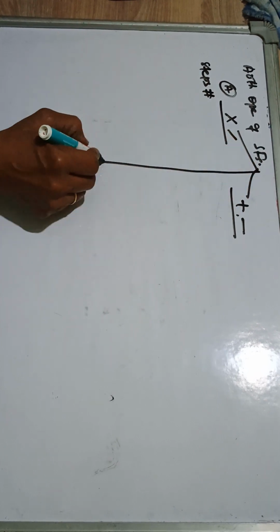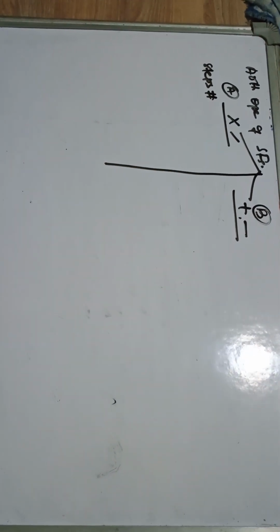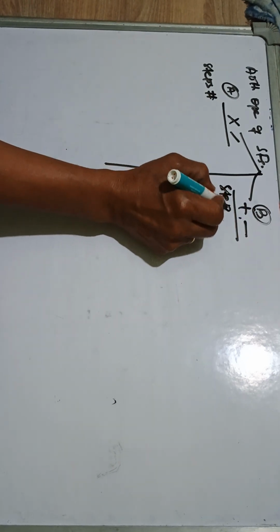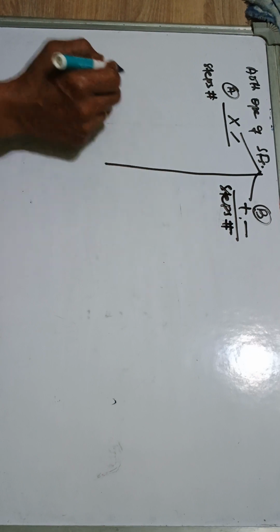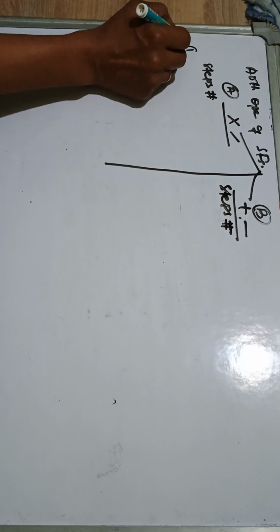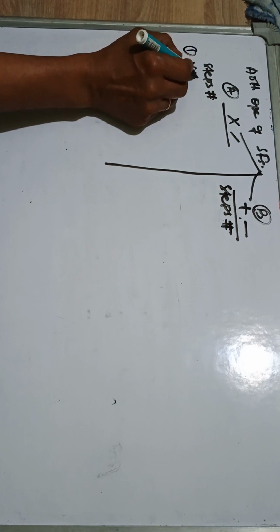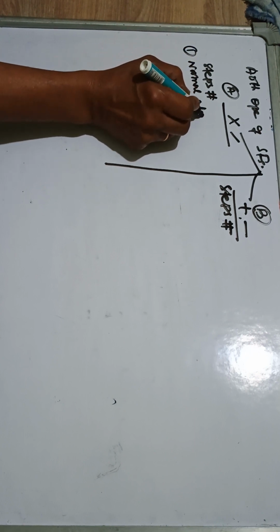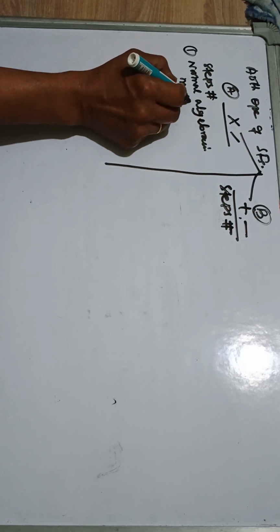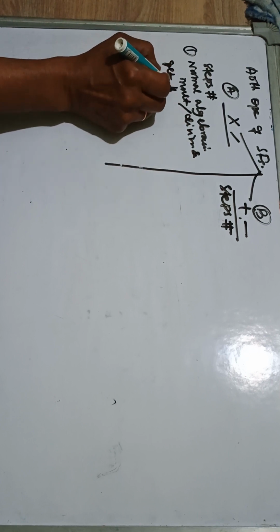For addition and subtraction of significant figures, we have steps to find the final answer. In multiplication, the steps are: number 1, we do normal algebraic multiplication or division and get the result.